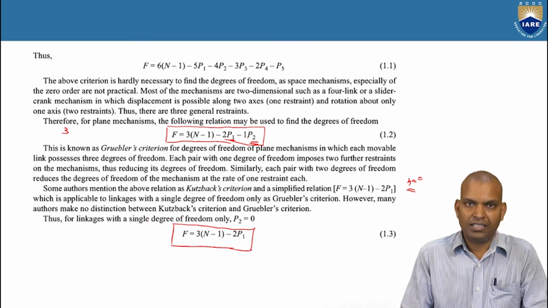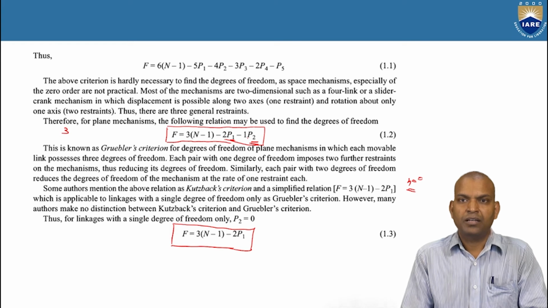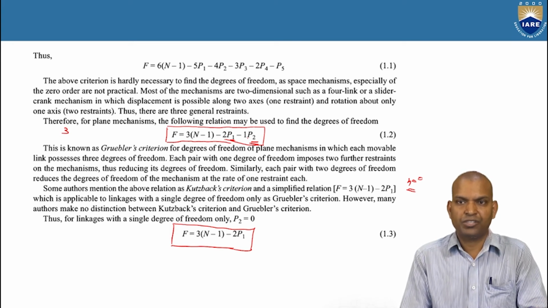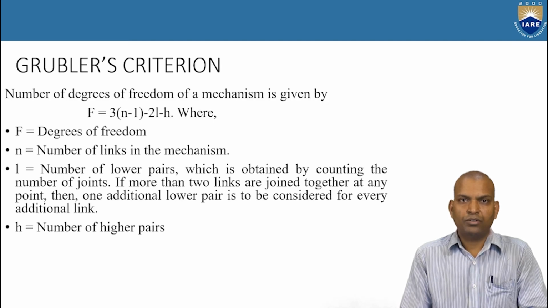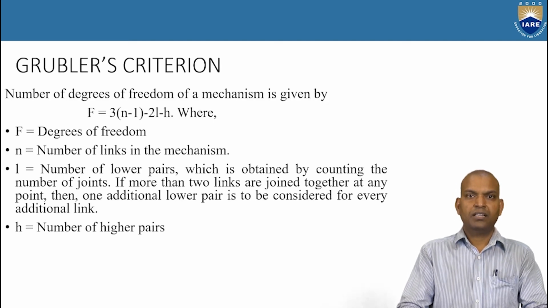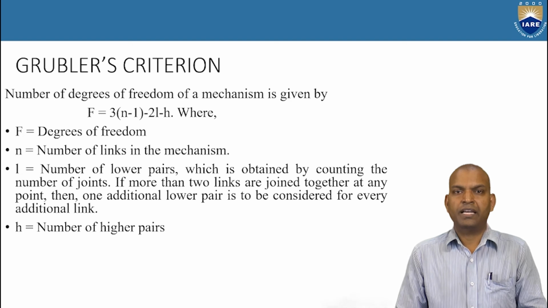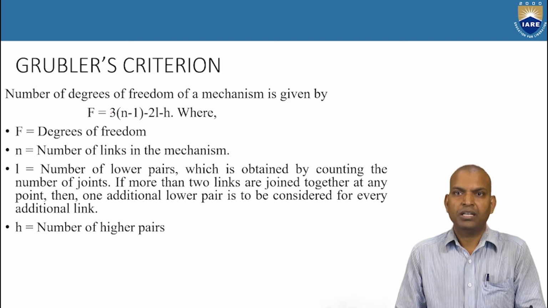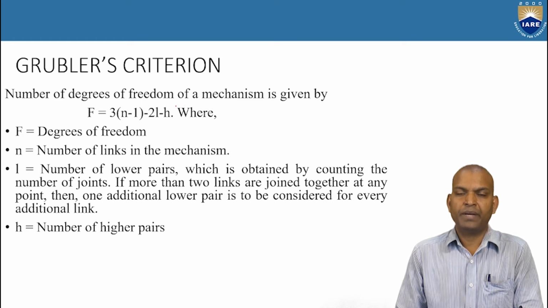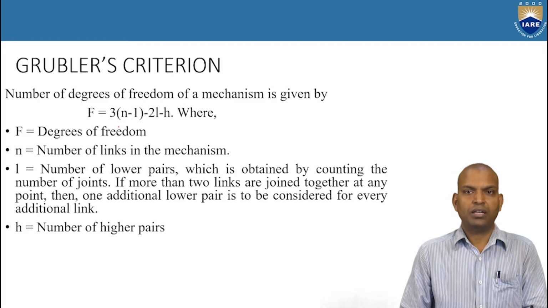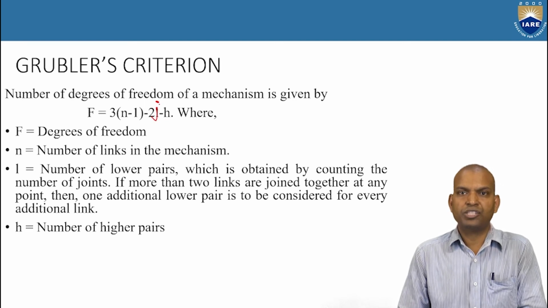Thus we can understand the degrees of freedom concept for a body in space and for plane mechanisms. Now, this is Grubler's criterion as I explained before. The number of degrees of freedom of a mechanism is given by 3(n minus 1) minus 2l minus h, or 2j minus h.